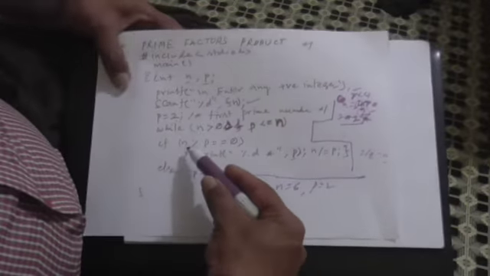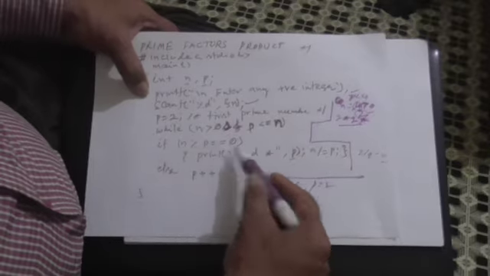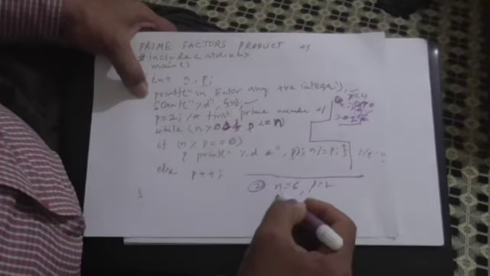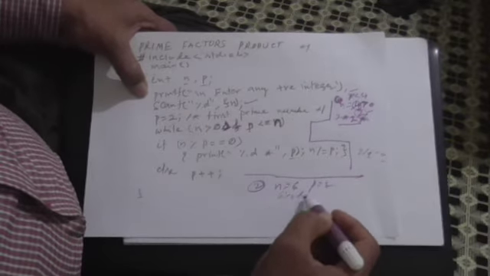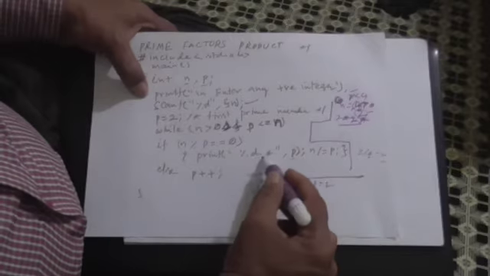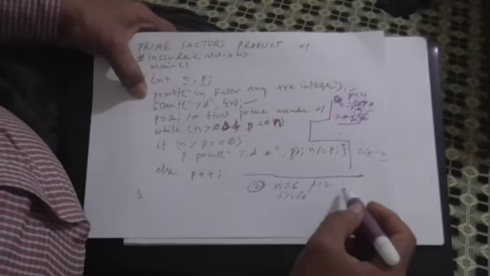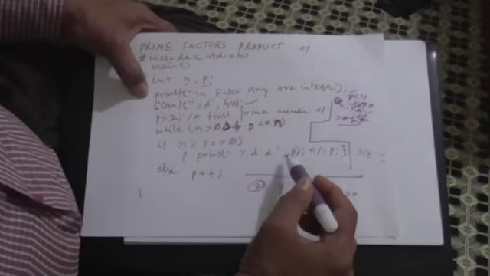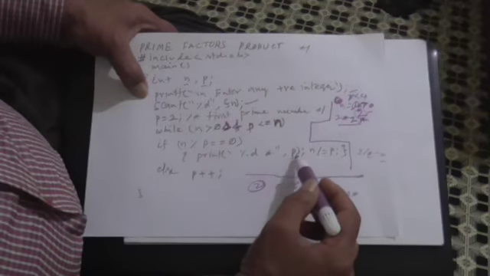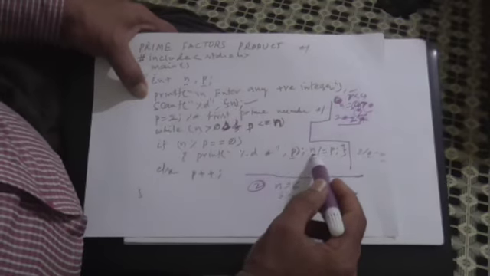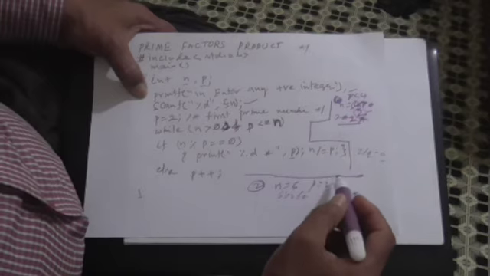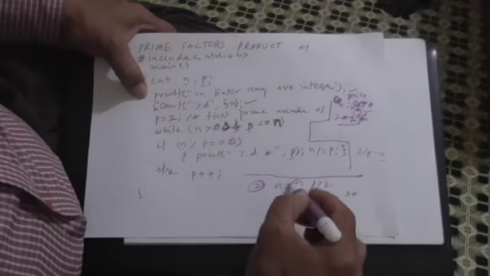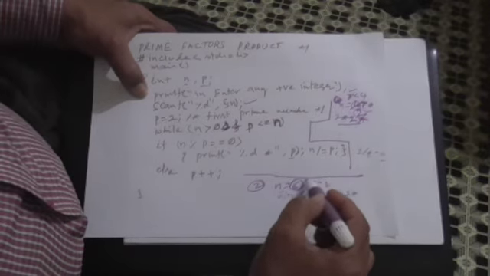Then we have written if n mod p is 0. So 6 mod 2 is 0. So if it is 0, printf %d p. So I print now 2 into, and the next statement is n equals n by p. So the new value of n will be 6 divided by 2, that will be 3.